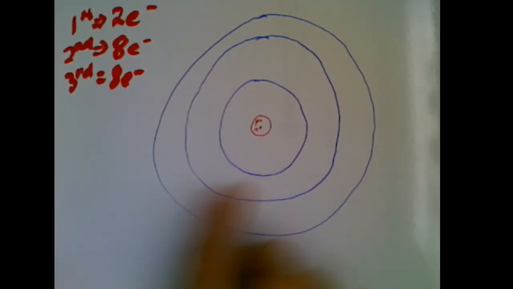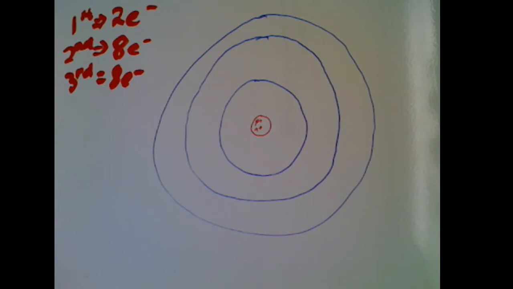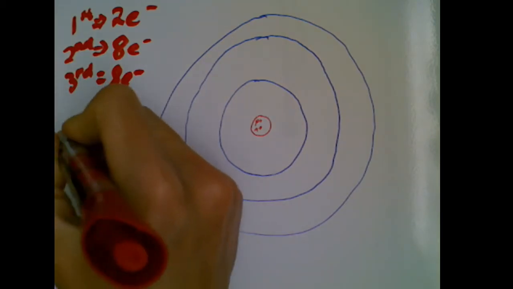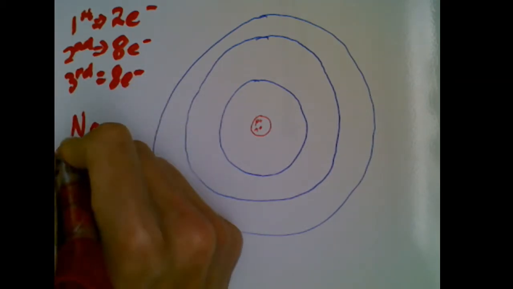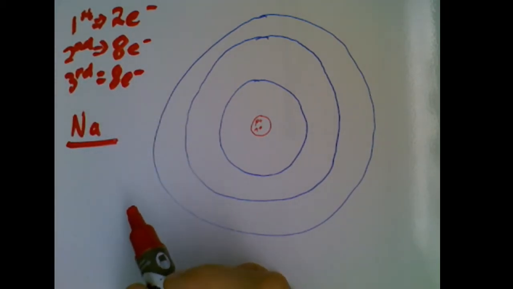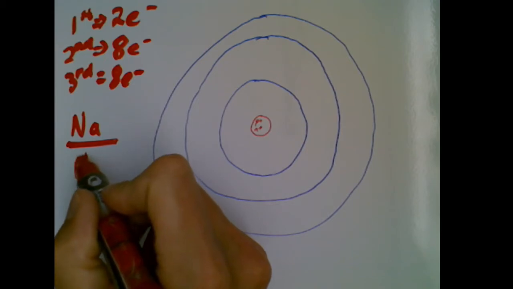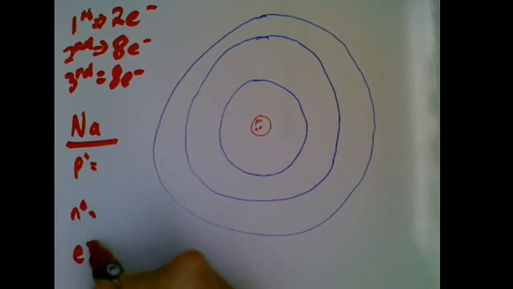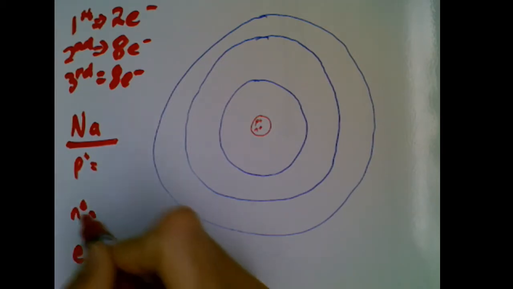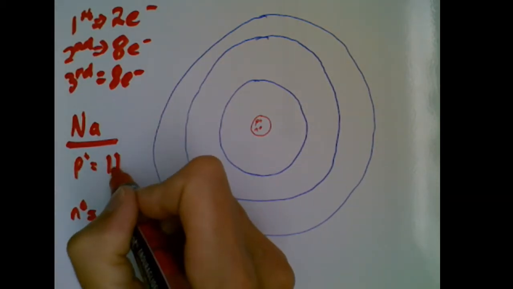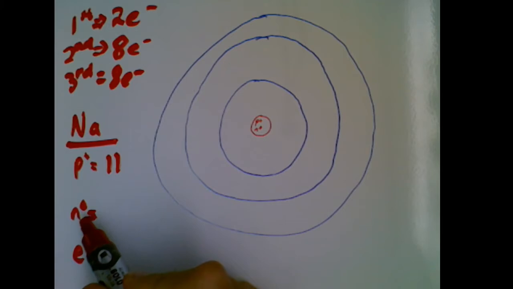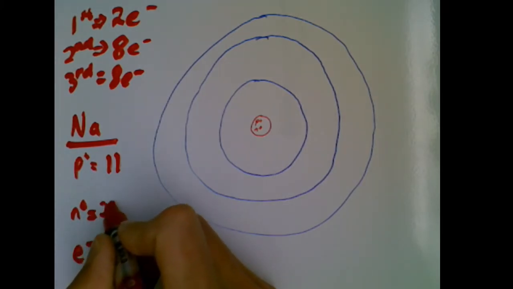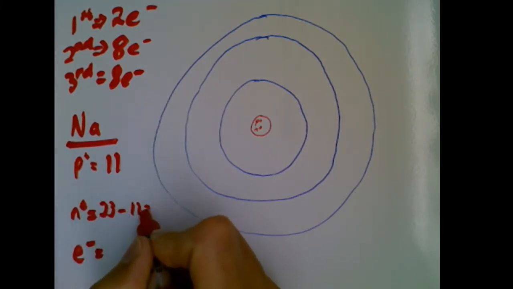So let's say we were drawing an atom of, let's say, sodium. Sodium is Na. If we wanted to draw our atom of sodium, we would want to know protons, neutrons, and electrons. The protons are based on the atomic number, which is 11. The neutrons are the atomic mass minus the protons.